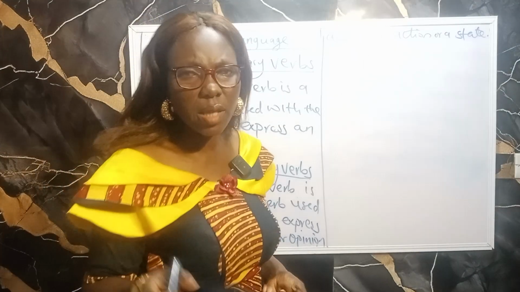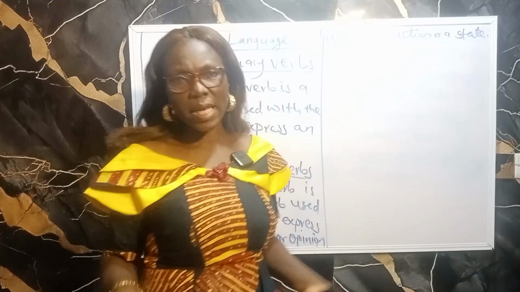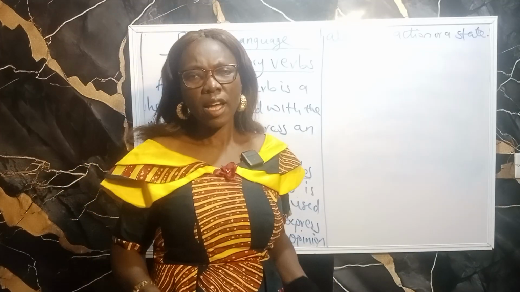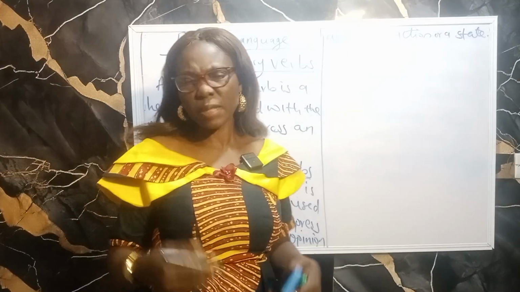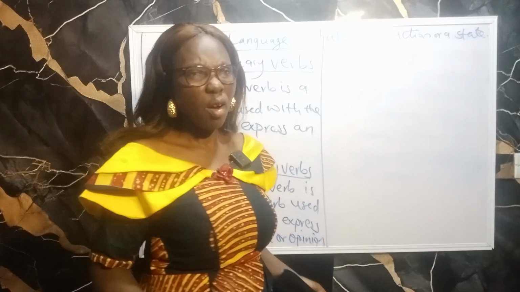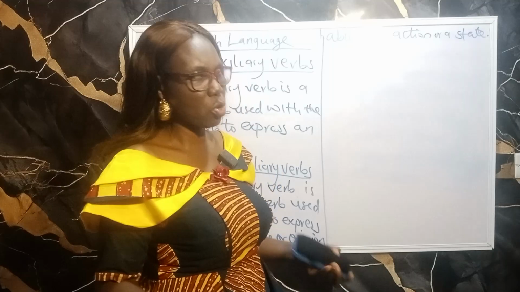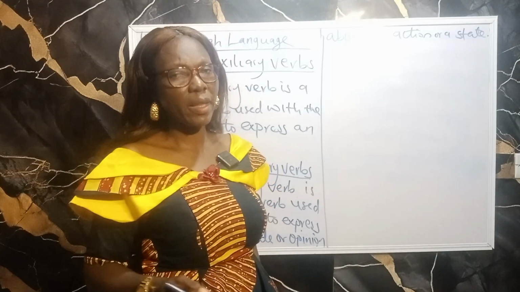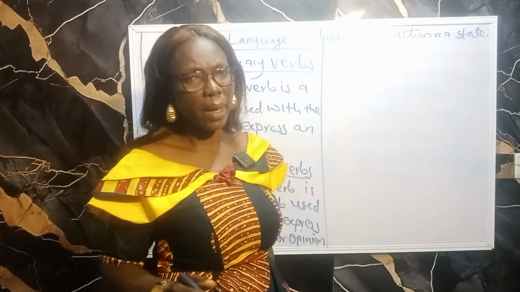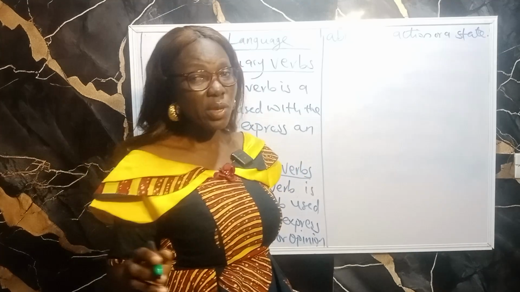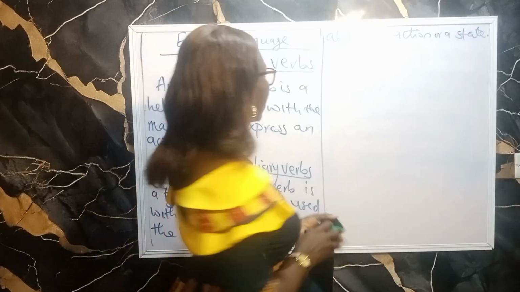And some of these concepts include probability, possibility, permission, strong belief, expectation, necessity or obligation, and so on. So today we are going to look at about 5 of them. They are up to 10 in number, but we are going to look at about 5 of them and their uses. Okay?